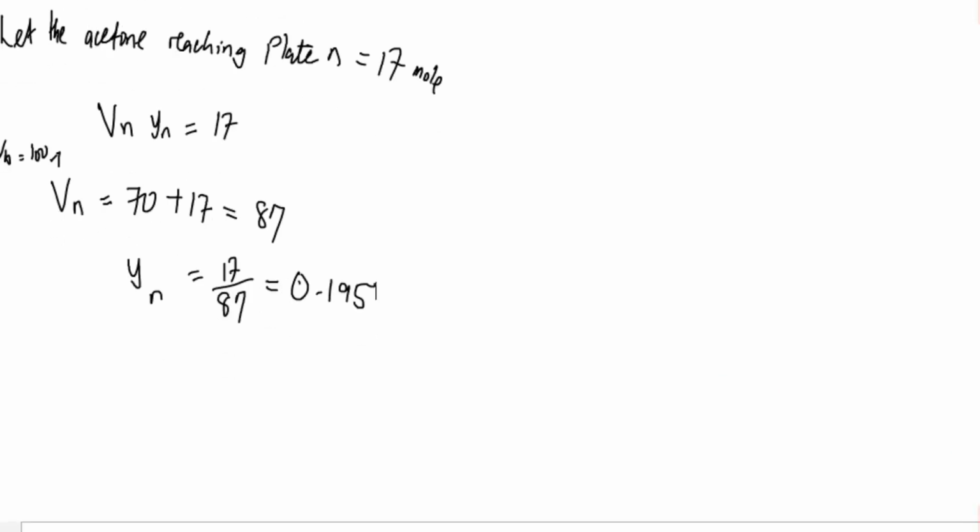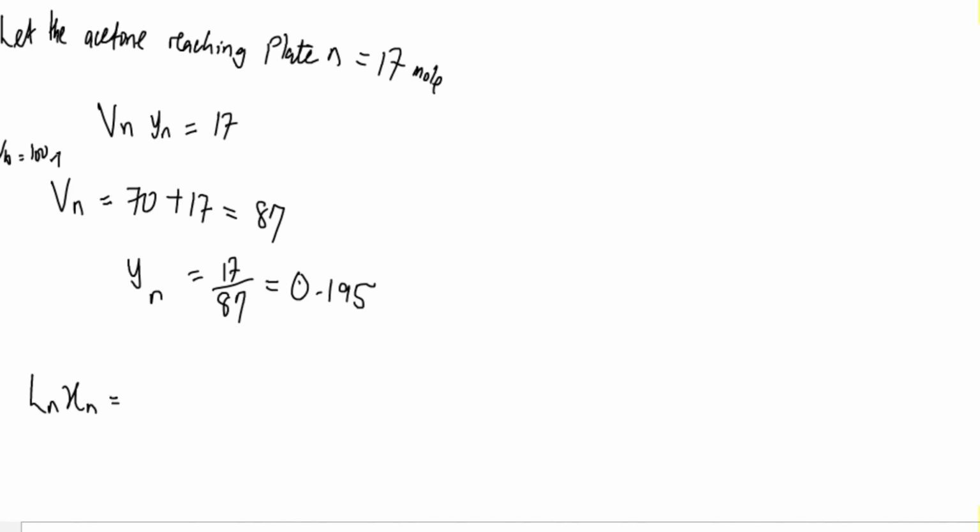What remains for me to find my equilibrium operating line is the Xn. To find Xn, since to find Yn I accounted for V and Yn, I'm going to account for Ln Xn. What is going to be my Ln Xn?